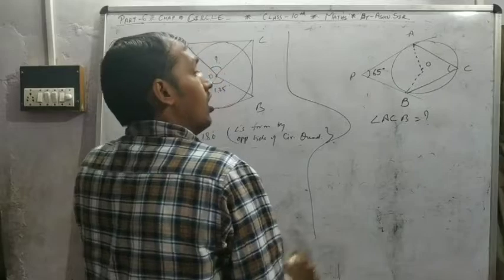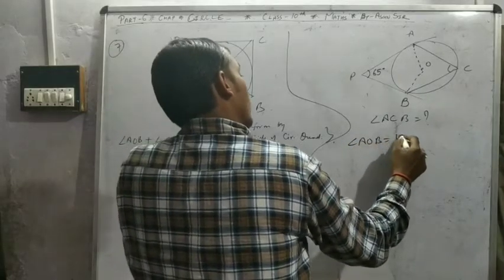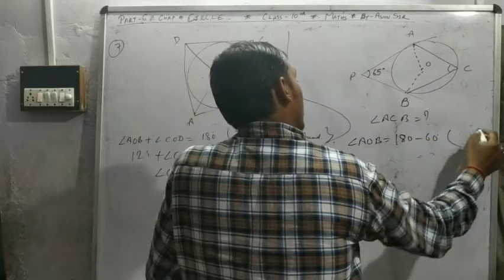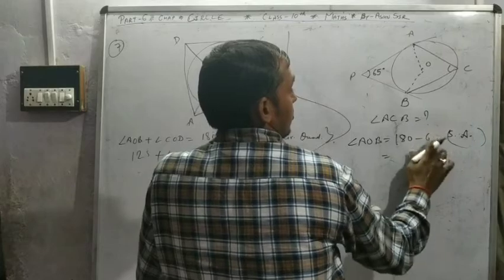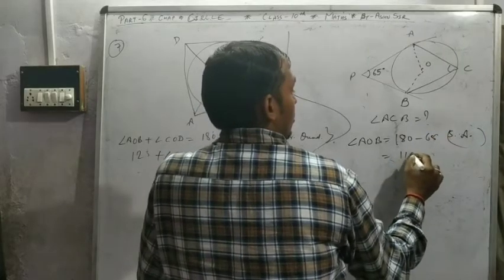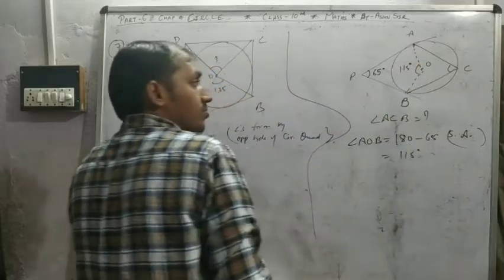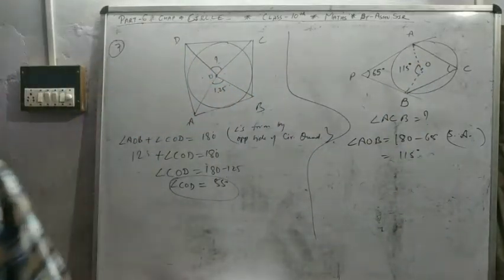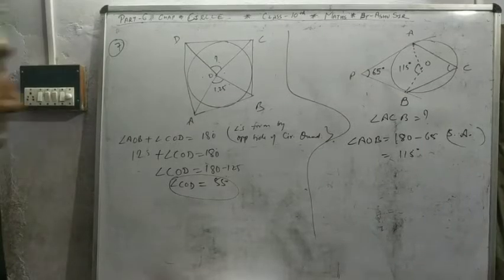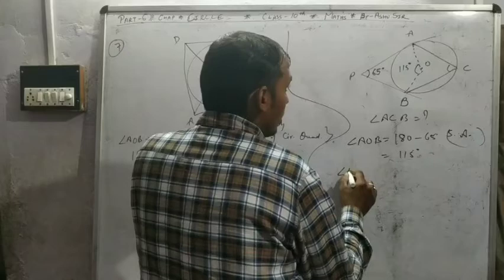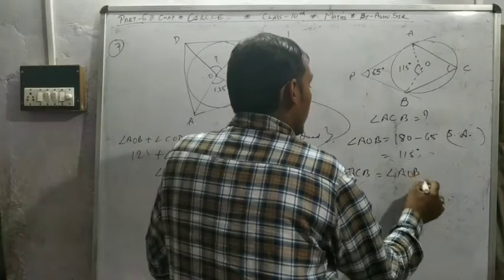And we can say angle AOB is equal to 180 minus 65 degree, supplementary angle. Means this value is 115 degree. Then if this is 115 degree, so angle ACB is equal to angle AOB by 2.